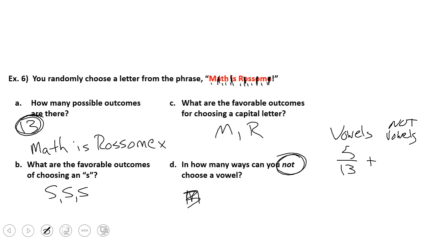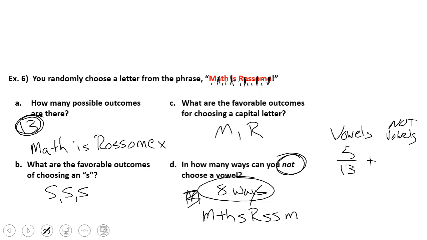So 1, 2, 3, 4, 5, 6, 7, 8. 8 ways we could not. If we wanted to list them, we could: M, T, H, S, W, S, M. And then we go 8 over 13. When we add that up, it's 13 over 13, which is equal to 1. Complementary events are the opposite, right?